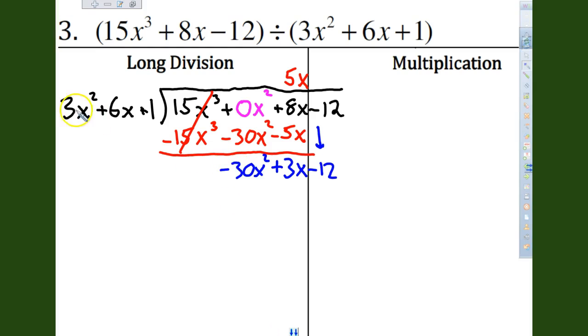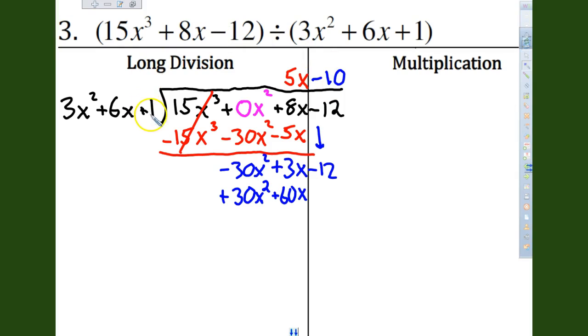So we need to multiply 3x squared times what to give you negative 30x squared? Negative 10. So multiply, switch the sign. Get positive 30x squared. Negative 10 times 6x is negative 60x, but switch the sign, it'll be positive 60x.